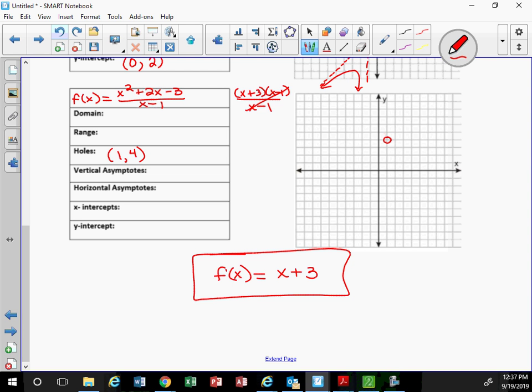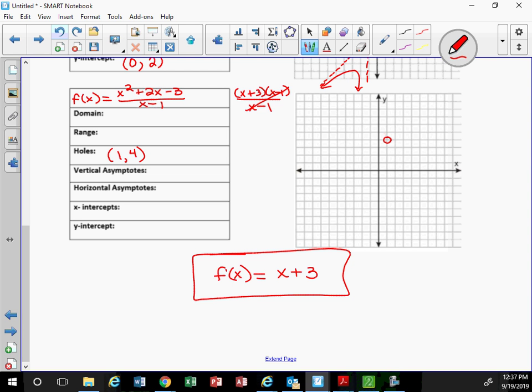If you plug in -3 on the original equation, it would just make it... are you good? Okay. There's really weird scenarios where, let's say it was x minus 1 squared in the denominator. Then you've got a hole and an asymptote going on, but that's not what we're looking at right now.